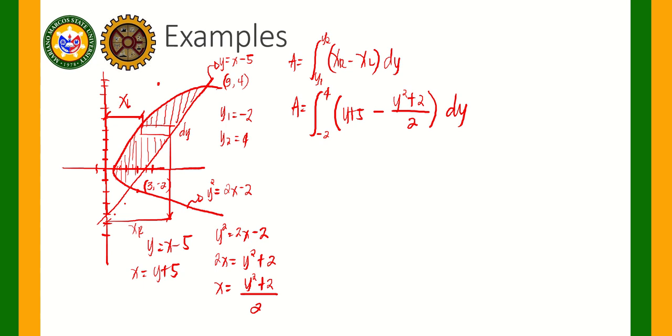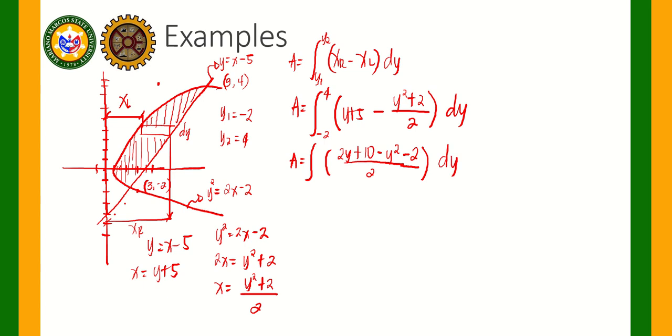Okay? So, simplify natin yung ating function. Area is equal to the integral of, okay, so, kunin natin yung LCD niya. This is 2, tapos this is 2y plus 10 minus y squared minus 2. So, didistribute ko na si negative dito sa part na to.